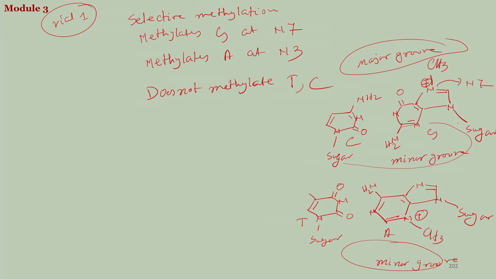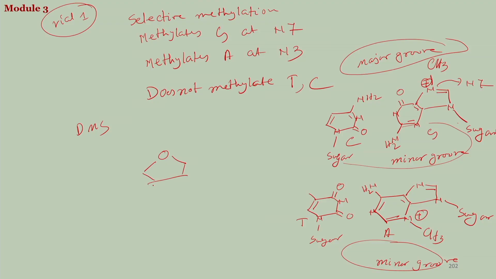that actually makes quite a difference, because once you treat this with dimethyl sulfate, DMS, then you get these things with the sugar. Now, followed by a treatment with hot piperidine.